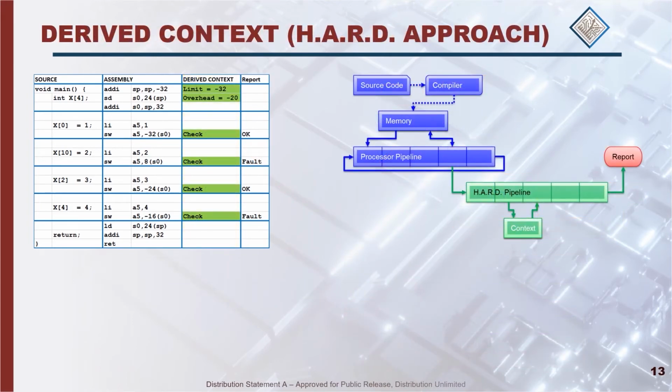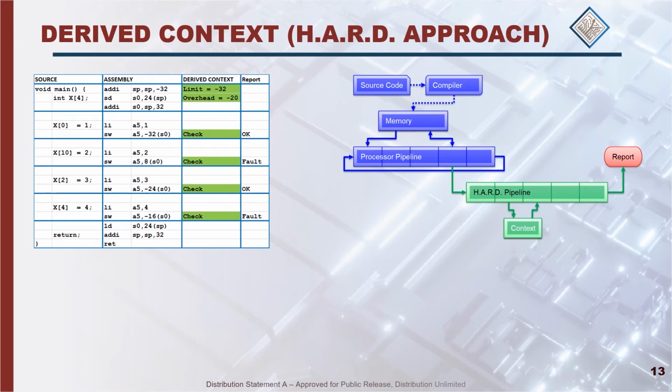So now I'm going to get to the derived context, which is the approach that the HARD program has decided to use. Okay, once again on the left, the source code remains the same, the assembly that comes out of that is the same, and we are trying to represent deriving the context.